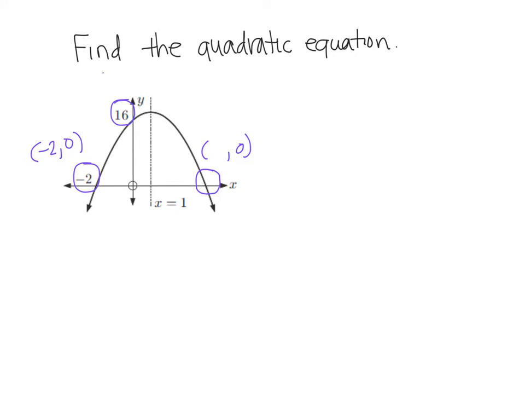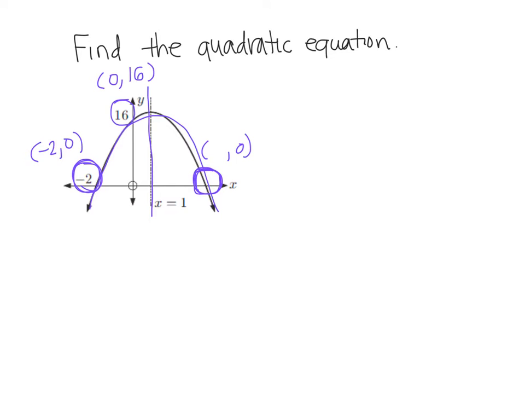That means when x is equal to 0, the y value is equal to 16. We're also given this dotted line, which is the axis of symmetry. That means when I fold this quadratic along this line, x is equal to 1, the -2 on the left side will match exactly onto the one I have circled over here.